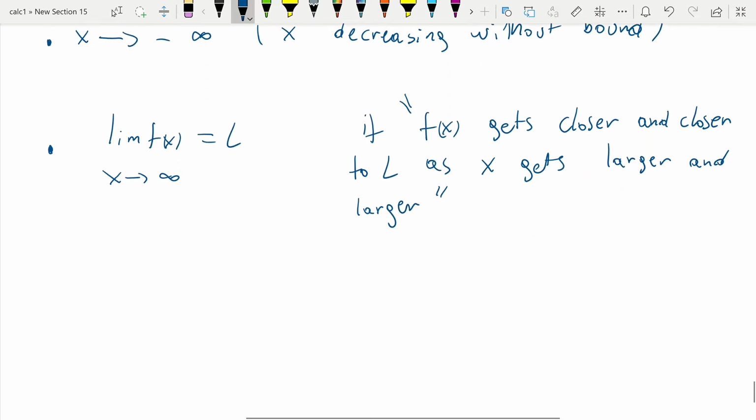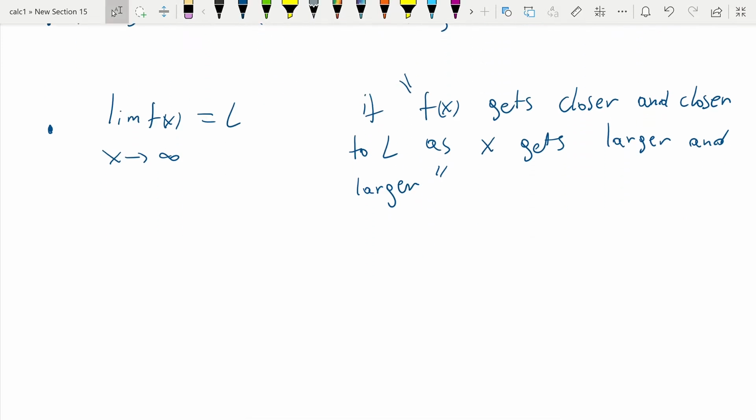So no matter how small the epsilon, you can always find a large number R, such that the images of f will be in between L minus epsilon and L plus epsilon. So something like this. Let me write it down.